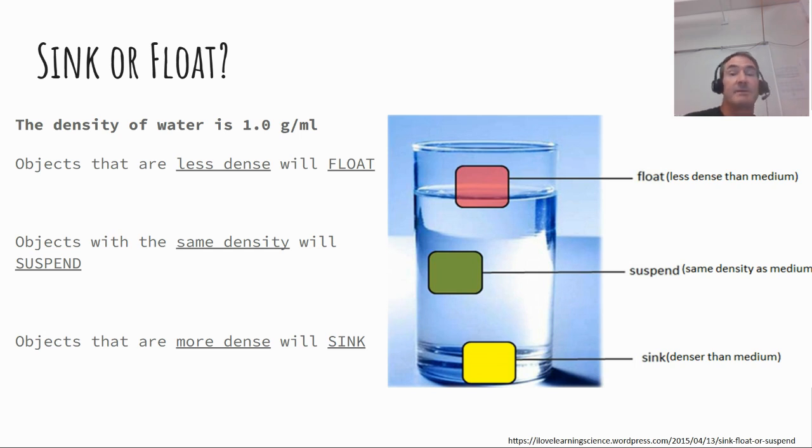And the density of air is pretty low. But my balloon, I filled with air, but it also is made of this rubber, right? So it's kind of made up of two different things. So when I put this balloon in the air, it sinks because it's more dense than the air around it. It's going to fall.